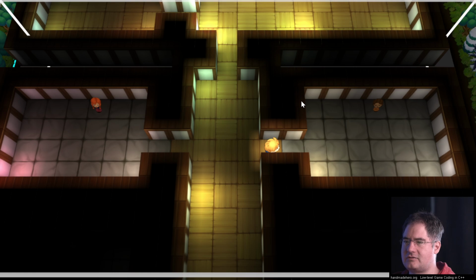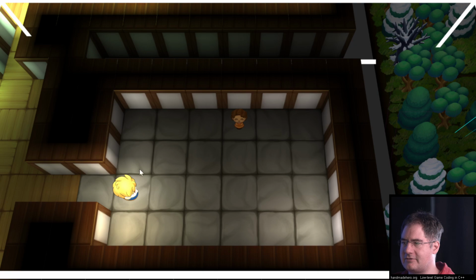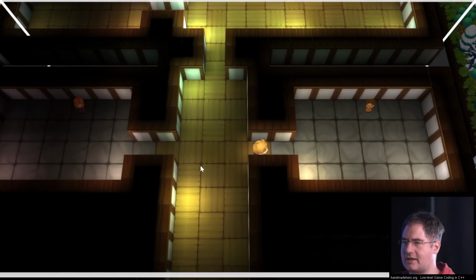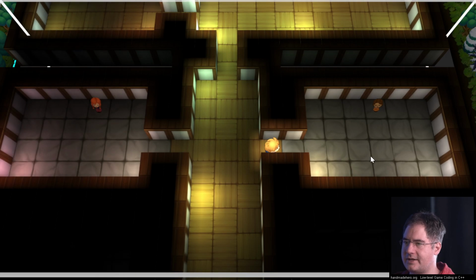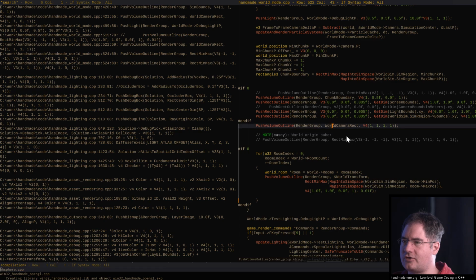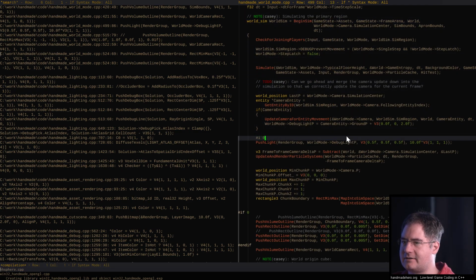I don't know if that is maybe expected, because they're picking up light from where the hero is standing. You can see here that as I move in, you get that light difference. So I think what that says to me is I should turn off the debug light so that we don't have that happening.